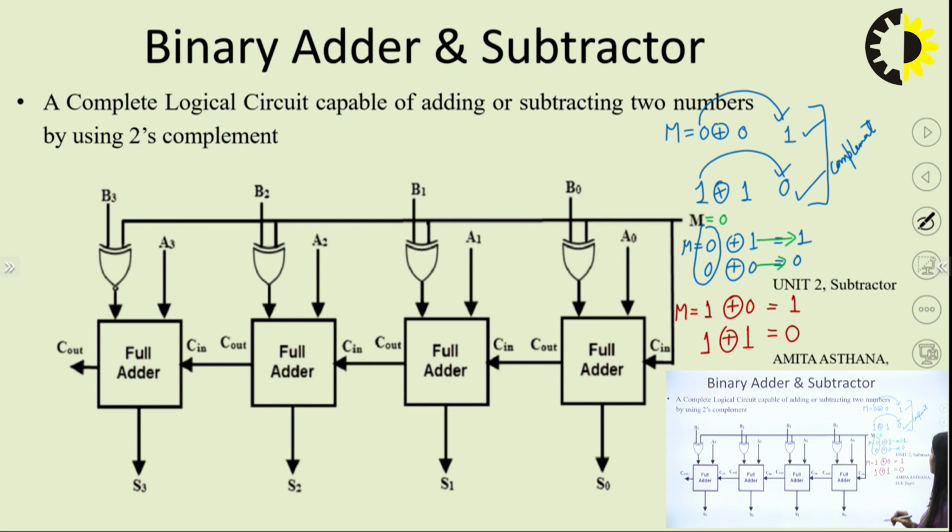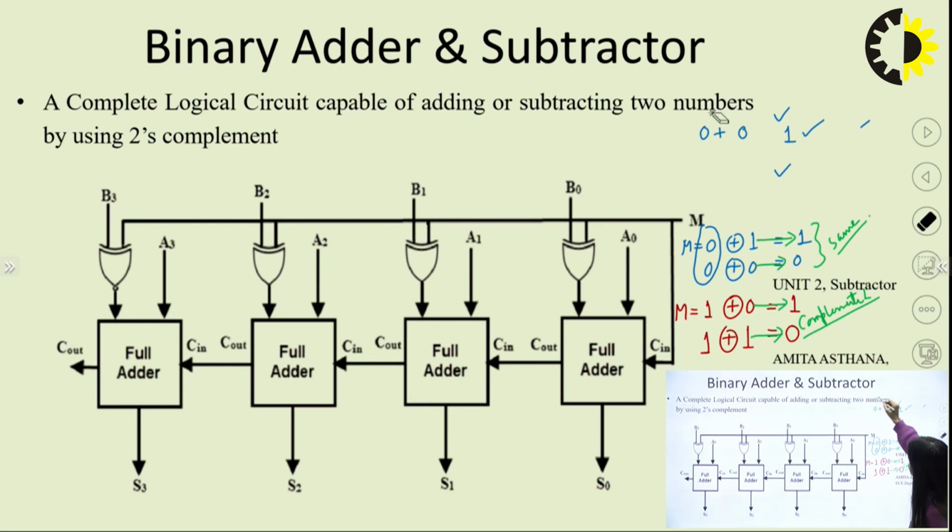And here if m is equal to 1, the value is the complement. In this case the other value is being complemented, and in this case it is the same, not complemented. So what reference can we draw from here? Let's say I want to make two values operate with each other. Please note this particular point.